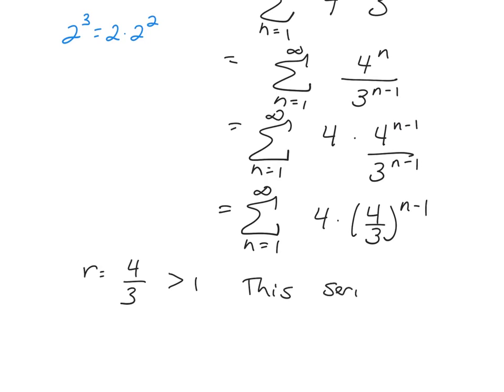This series diverges. So with a lot of these geometric series, all you have to do is manipulate the formula that's given to you so that you can identify what r is and what a is. Any questions on that example?